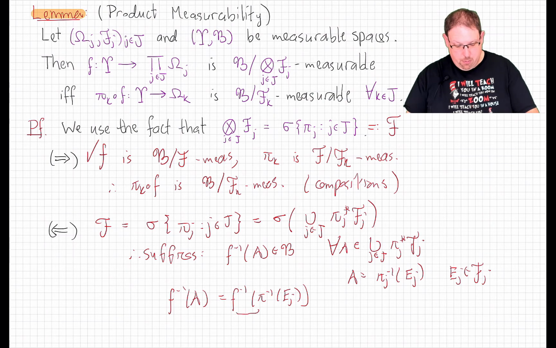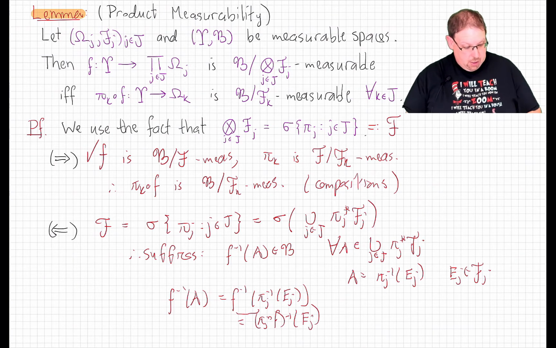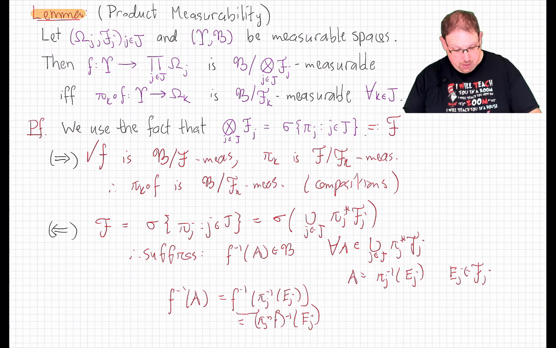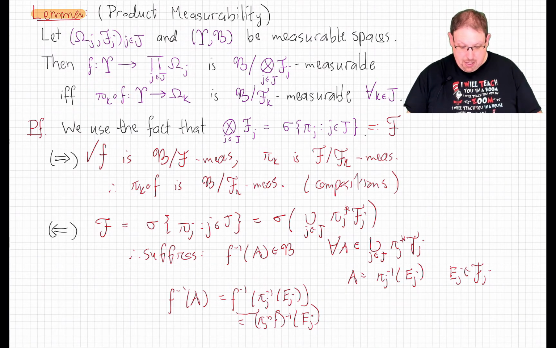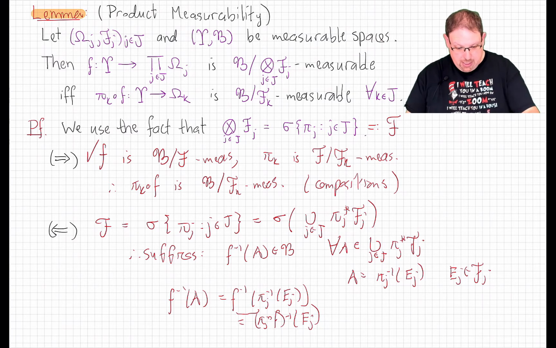But of course, the way composition works, that is pi j composed with F, preimage of Ej. And our assumption for this direction is that pi j composed with F is B-Fj measurable, which is exactly to say that this must be in B, which is what we needed to show.